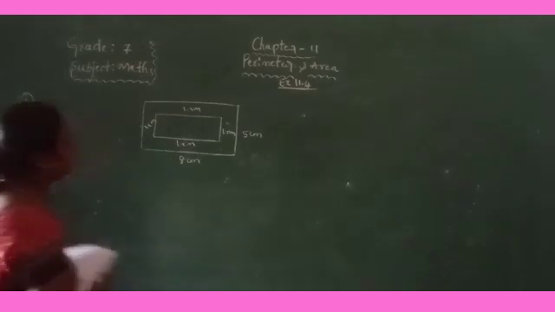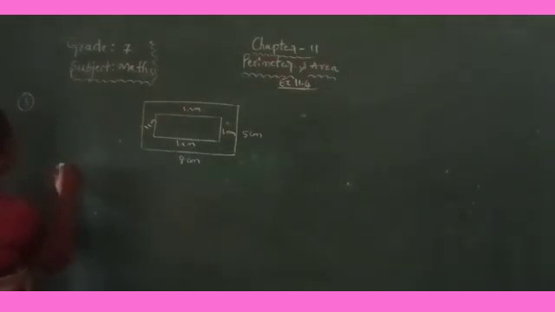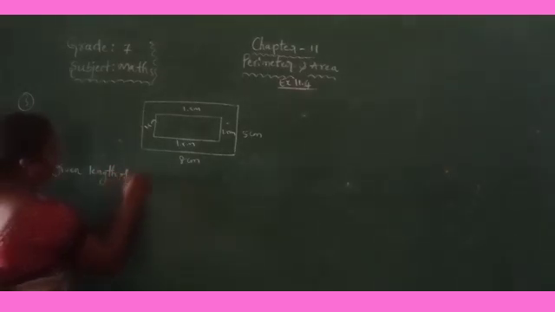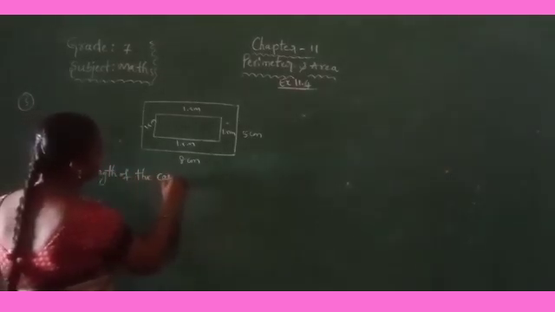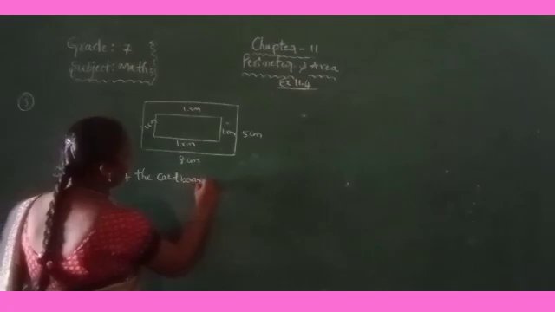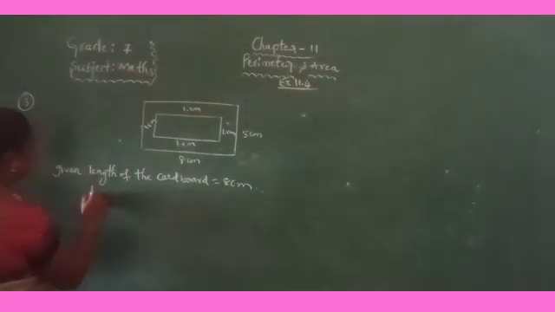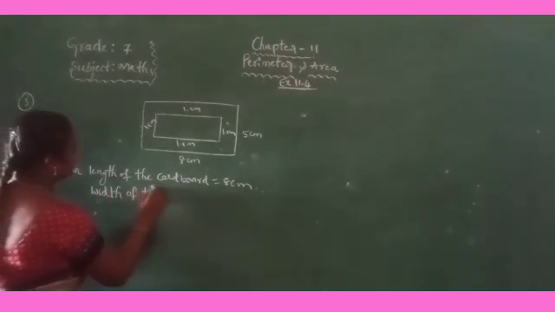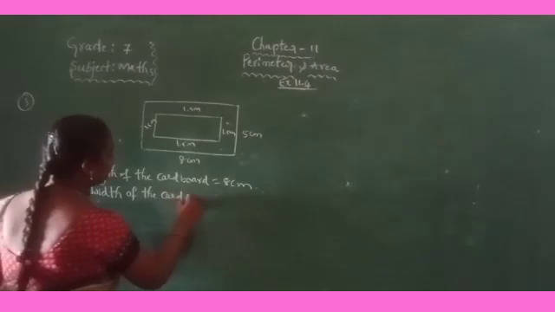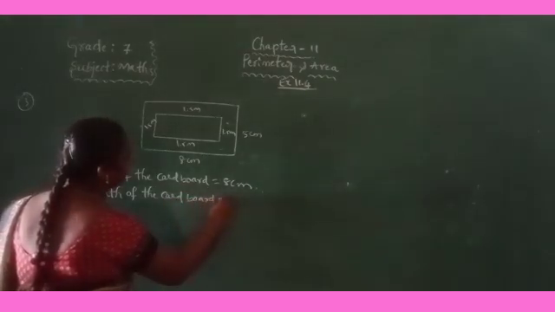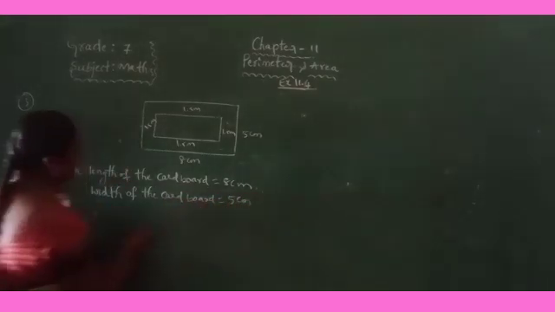Okay, so first we have to write the given values. The length of the cardboard is 8 centimeters, right? And the width or breadth of the cardboard is how many centimeters? 5 centimeters.